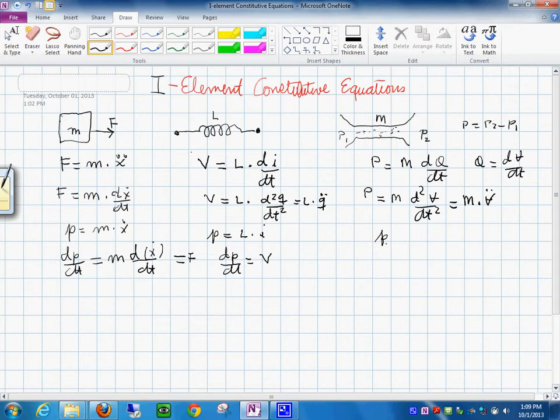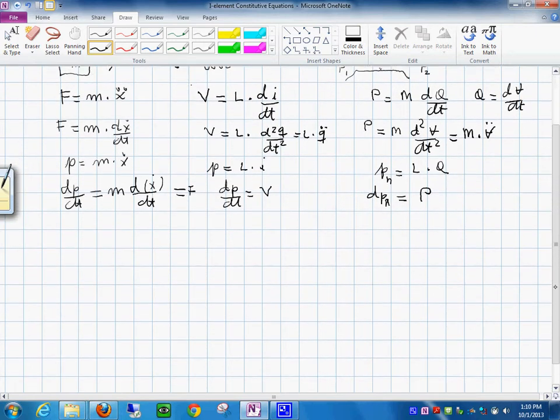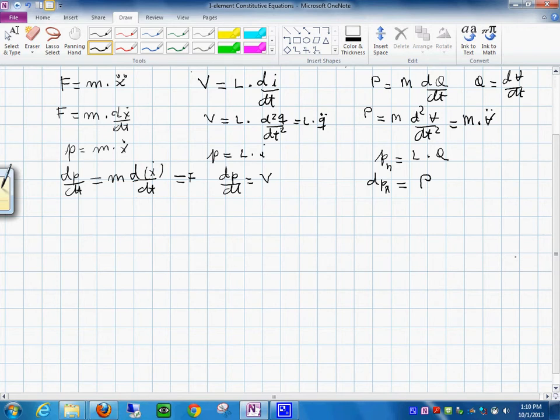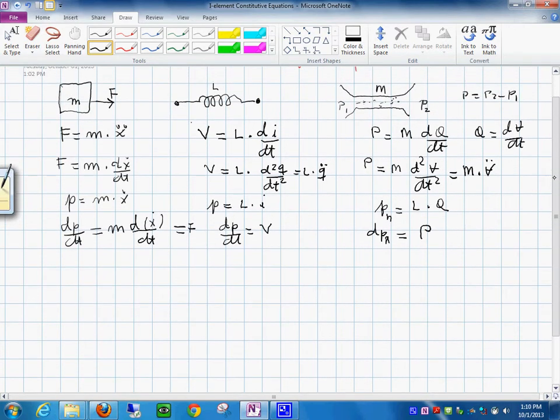Again, the momentum in the hydraulic system is going to be M times Q, but dp dt is going to be equal to the pressure. See, all three energy domains have constitutively the same form. This is what, when bond graphs were discovered, was the idea, that the laws have the same format, but they mean different things in different energy domains.